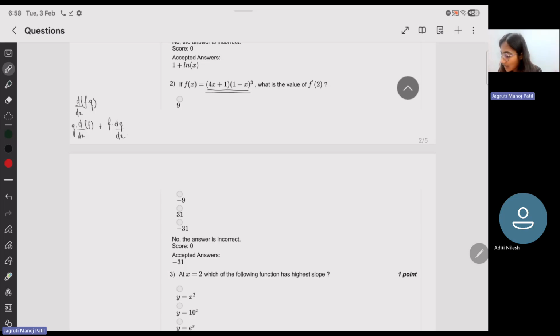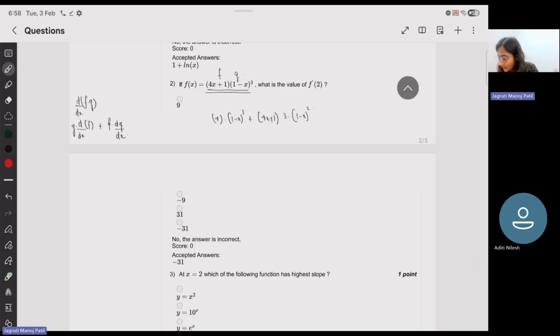If you do it this way, let's say this is our f and this is our g. First differentiate f, so that would be 4 times g, which is 1 minus x cube, plus we keep f as it is, so 4x plus 1, times 3 times (1 minus x) whole power 2.